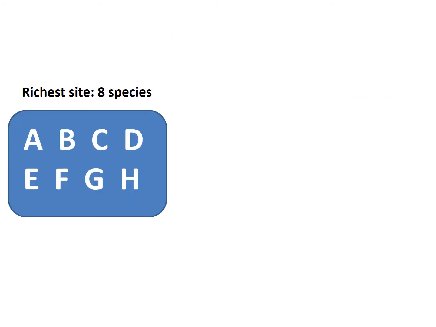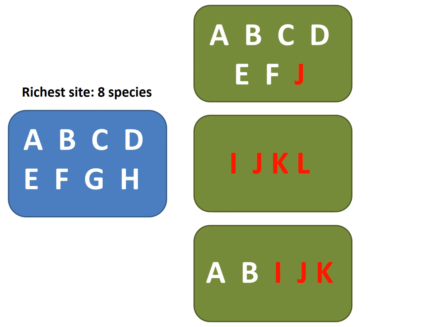Let's imagine that our first priority for conservation is the site shown here in blue. It contains 8 species, with each species indicated by a unique letter. Let's then imagine that we have 3 candidates to be the second patch conserved. If we were just looking at total species richness, then the top patch would obviously be the one that we add to the conservation network because it's got more species than the other 2 patches.